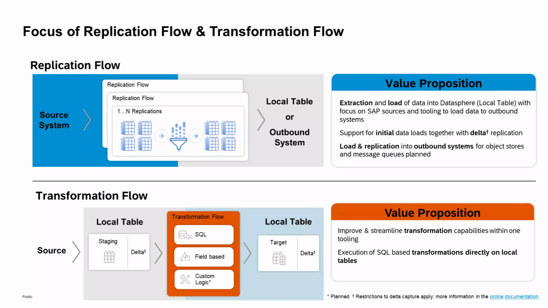And the transformation flow is to streamline the transformation capabilities in one tooling and to execute today SQL-based transformation directly on the local tables. And this will also be one of the core differences between the data flow and the transformation flow.